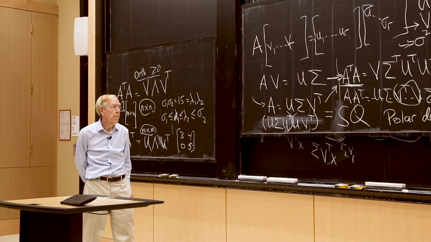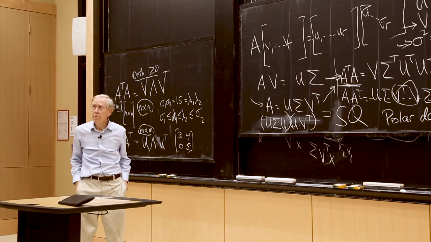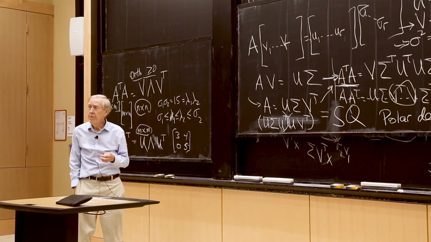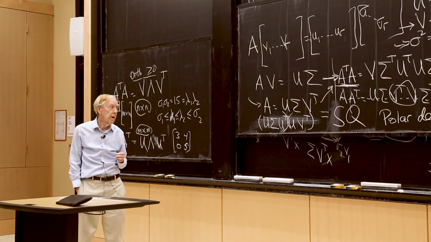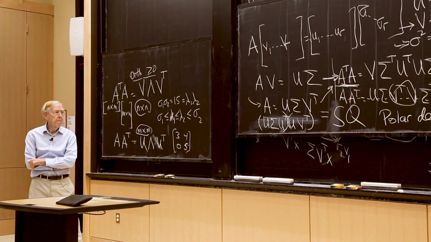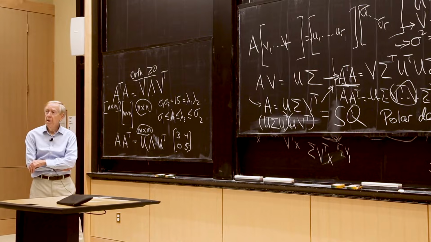So that's good. Well, this was a lot of 3, 6, 9 boards filled with matrices. Well, it is 18.065, so maybe that's all right. But the idea is to use them on a matrix of data.